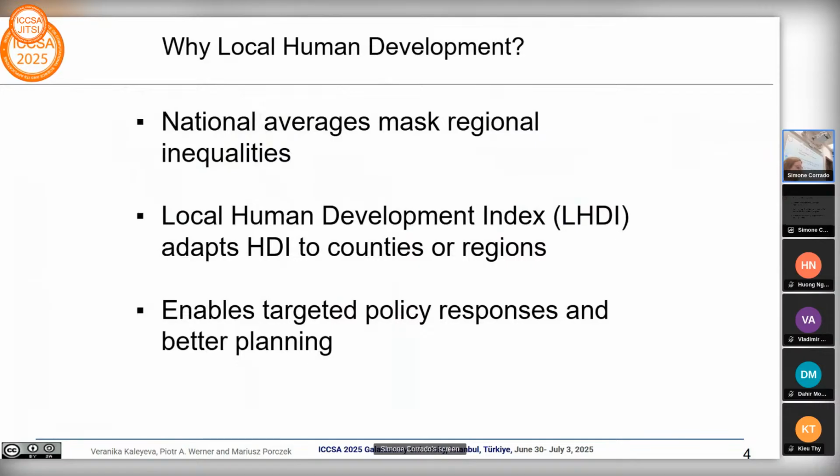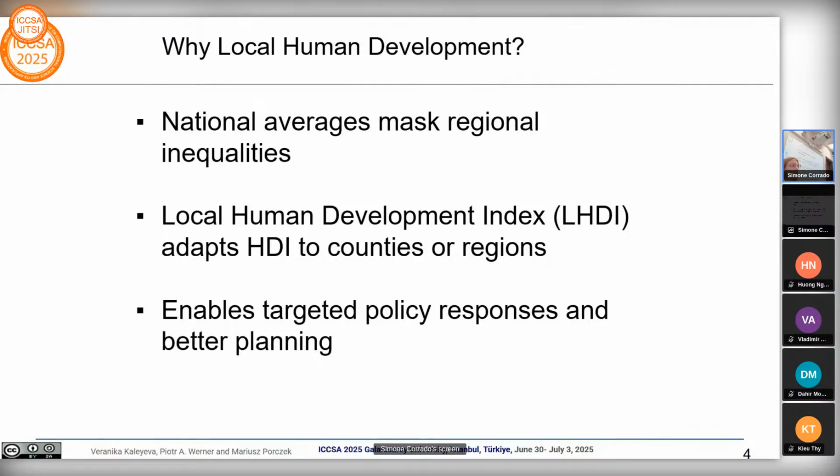This gap is addressed by the local Human Development Index, which adapts the Human Development Index framework for subnational units such as counties, communes, and in some case studies, even households. By this, it offers more detailed and context-sensitive insights that support targeted responses to local development challenges.